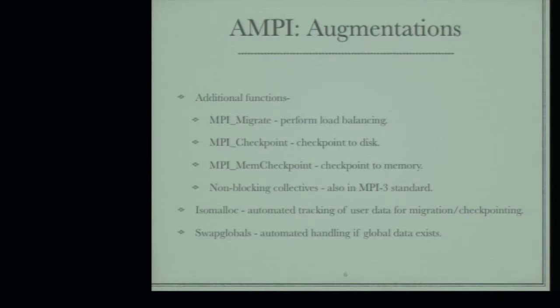Isomalloc is a way in which the user doesn't have to perform any action. But if you don't have isomalloc support, like on Blue Gene, the user has to write his own pup functions which will pack MPI ranks, and then he can transport them.